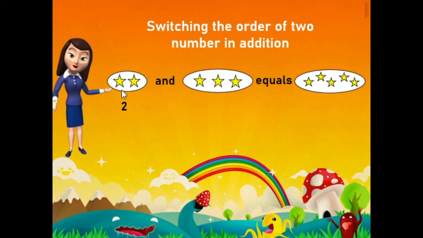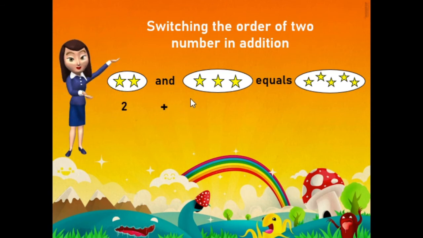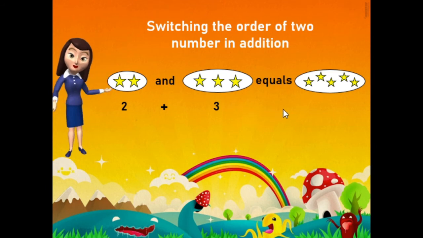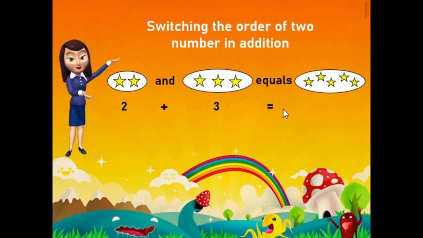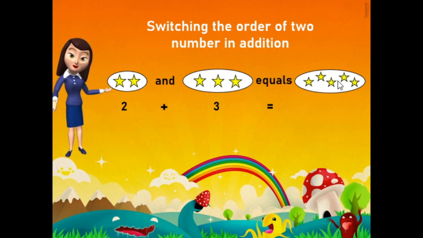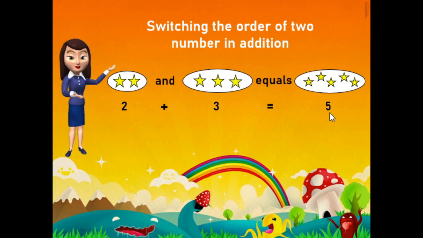So again, this is 2 plus 3 equals, let's count the stars. 1, 2, 3, 4, 5. We have 5 stars together.